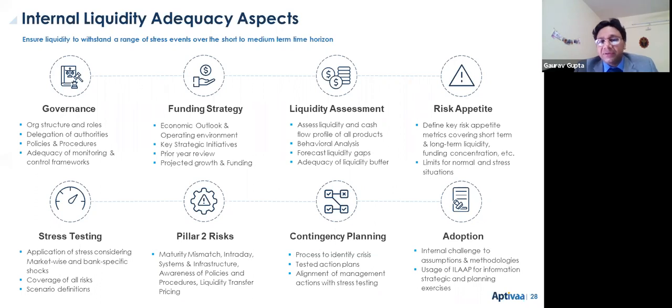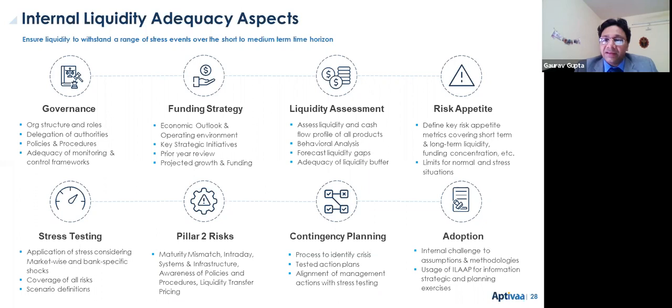So the regulator can prescribe only three basic risks, like credit risk, market risk and operational risk. And all the other risks, for example liquidity risk, strategic risk, interest rate risk or concentration risk, are risks which only the bank is in the best position to estimate and keep capital against.